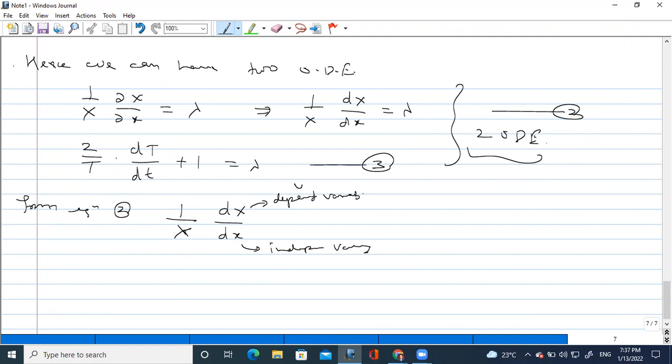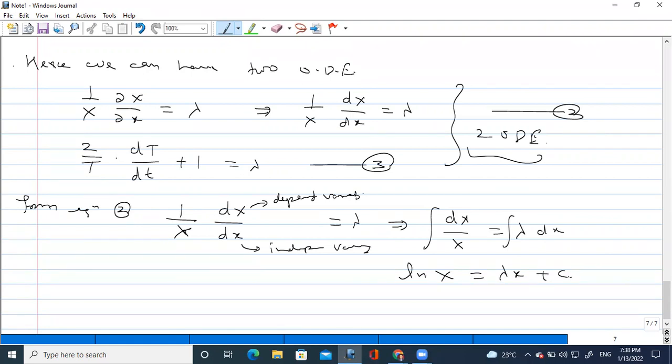It is working like a y, it is working like an x. Okay, so now here also we can have variable separable because this is equal to lambda, so this implies dX by capital X will be equal to lambda into small dx. So now integrating on both sides, this will be ln capital X, this will be lambda x plus c.